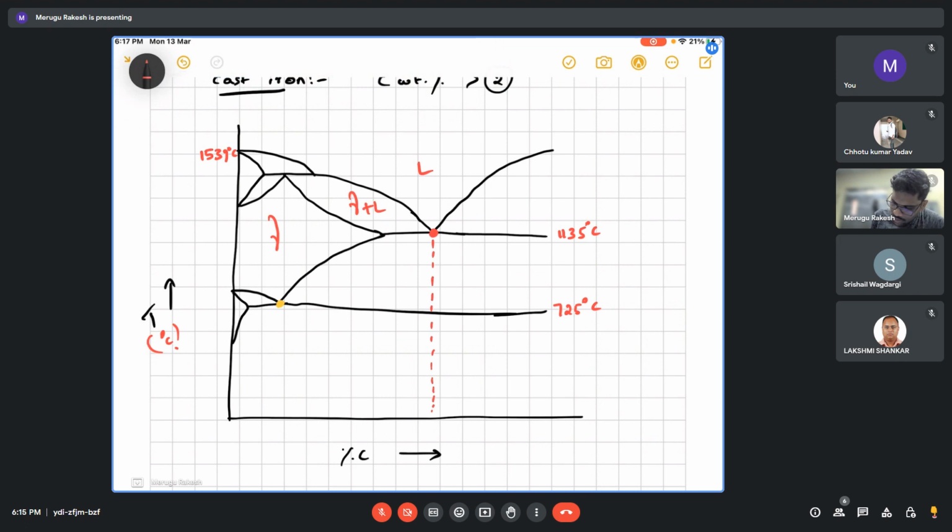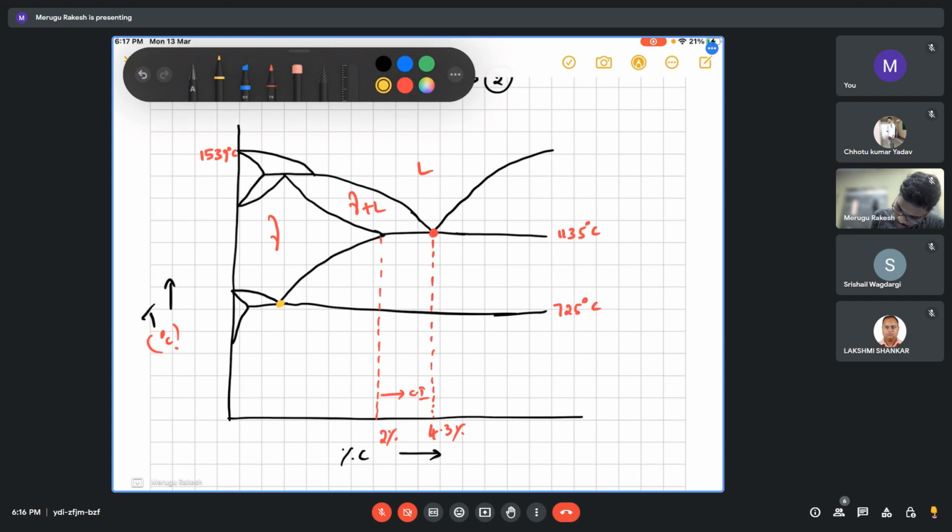At this eutectic composition we get ledeburite, which is around 4.3%, and at 2% we get cast iron.